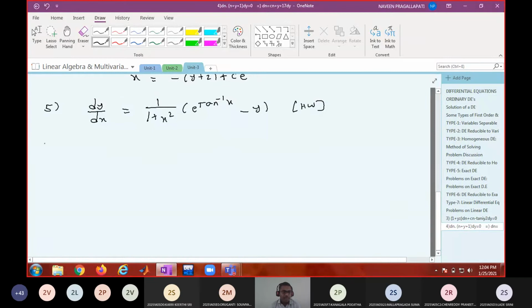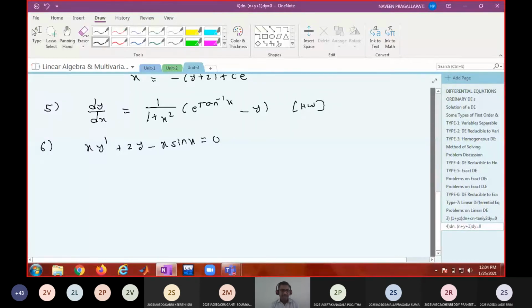Problem number 6. x into xy dash plus 2y minus x sin x equal to 0.